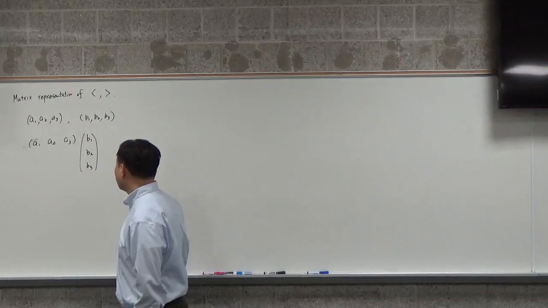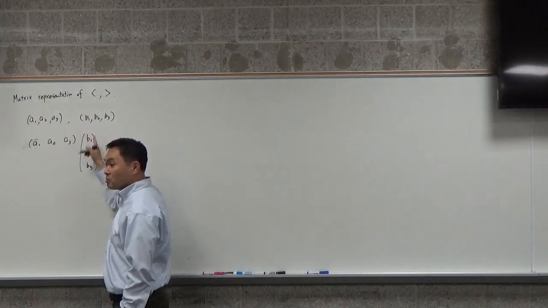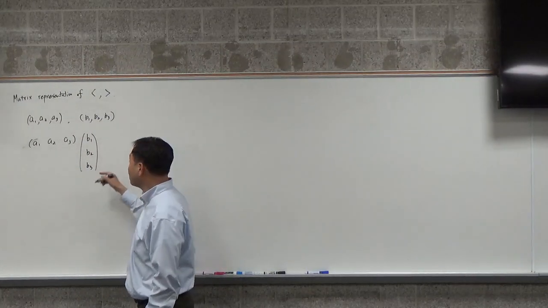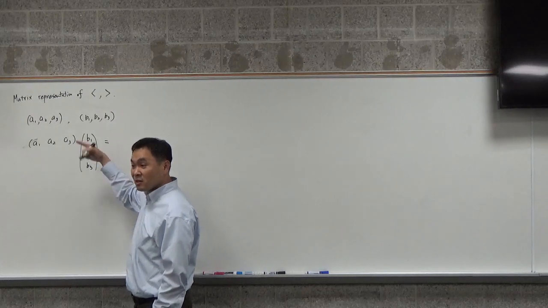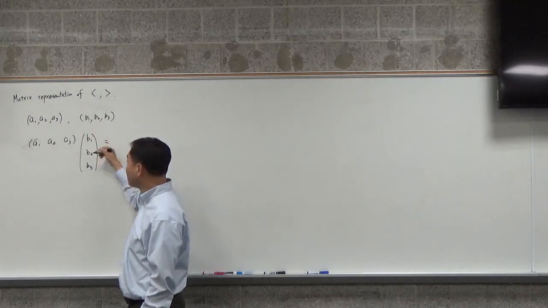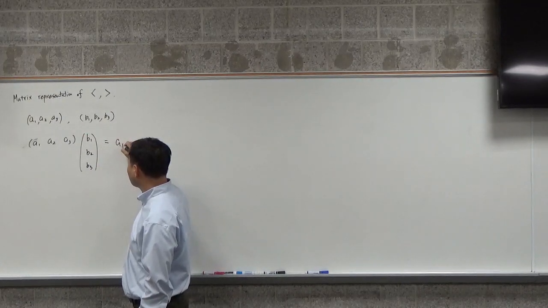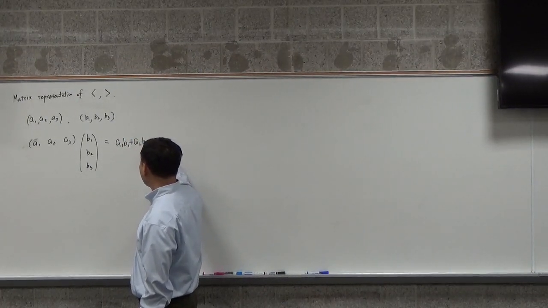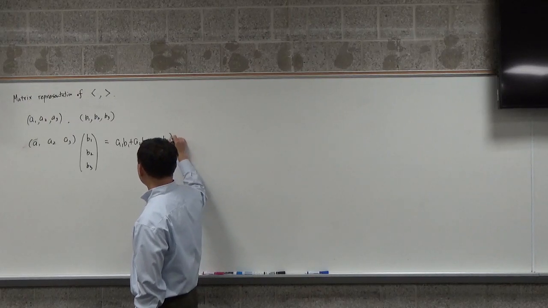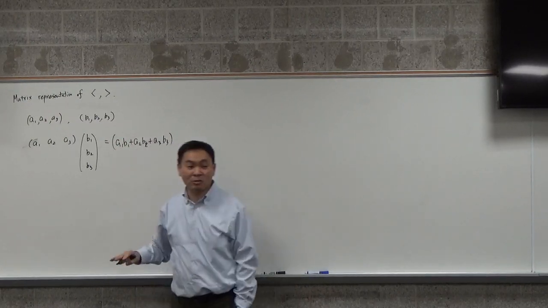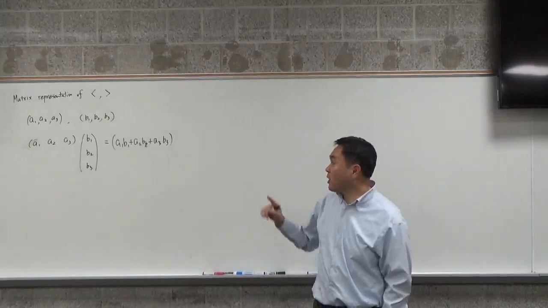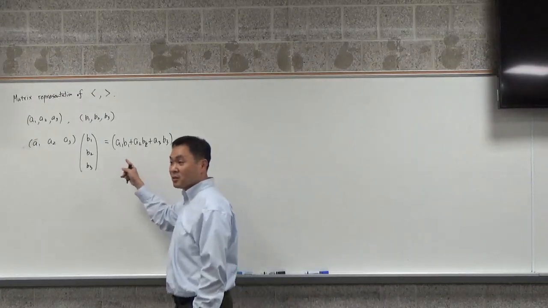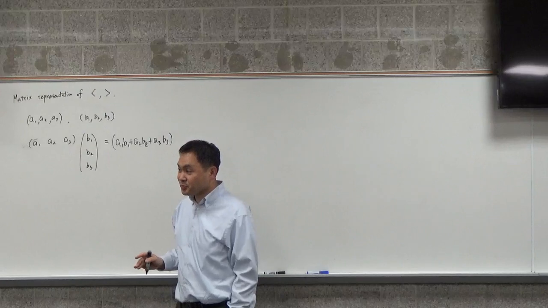Right? And if you do this matrix multiplication, what do you get? You get the exact same thing, the dot product, right? You get A1 times B1 plus A2 times B2 plus A3 times B3. You get a one-by-one matrix where the only value you get is the dot product, right?